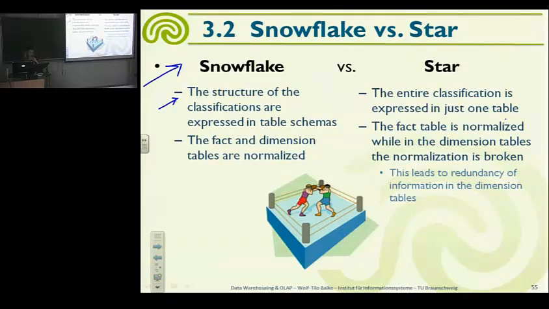You don't see that in the star schema because the entire dimension is represented in one table. In the snowflake, everything is normalized, so every single granularity has a dedicated table to itself, while in the star schema, you don't have a separate table for each granularity or classification level, but rather you denormalize the dimension tables.